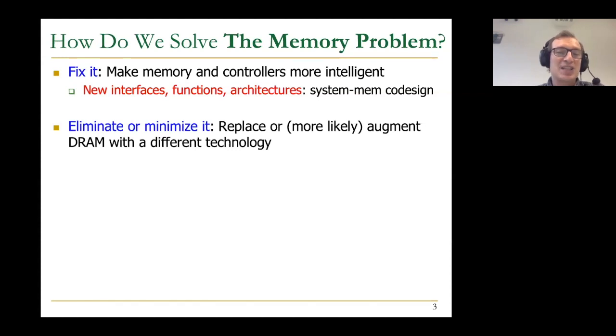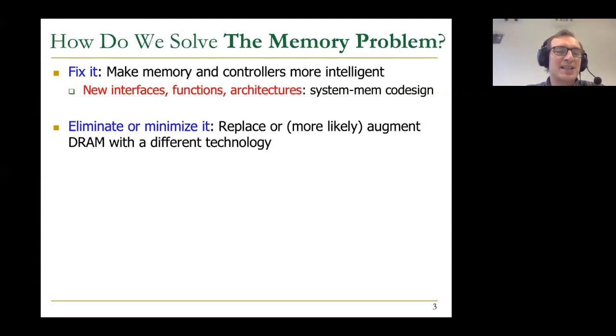For example, phase change memory was one example in the 2000s, until it was actually put into the market today. Of course, you still need to improve it. Even though it's in the market doesn't mean that it's in the best shape. So that's something we're going to talk about. Can we replace, or maybe replace is a strong word, but more likely augment existing technologies with a different technology?